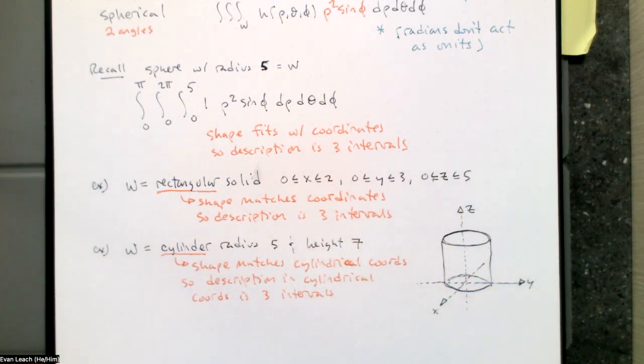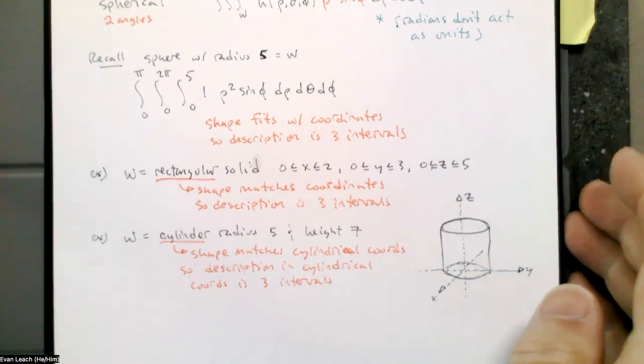So the description in cylindrical coordinates will be 3 integrals. All we have to remember is that in cylindrical coordinates, we need that factor of r to turn dv into volume.